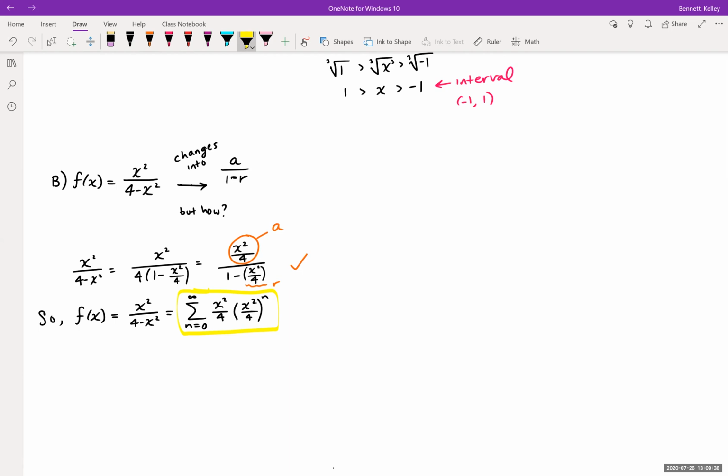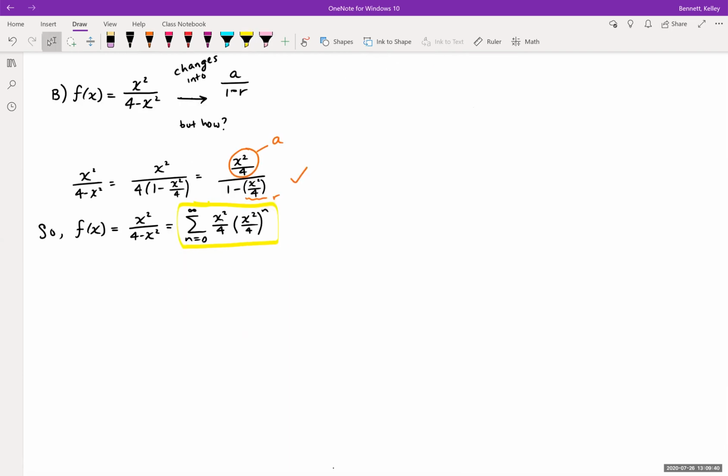So now to compute the radius of convergence and the interval, for a geometric series, again, we just need the absolute value of r to be less than 1. And our r, O-U-R, little r, our r, is x squared over 4.